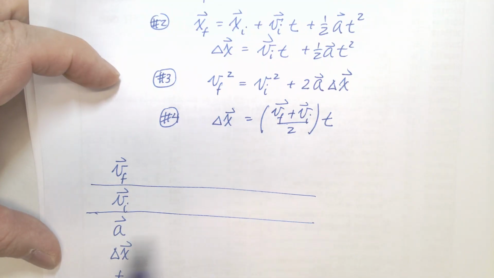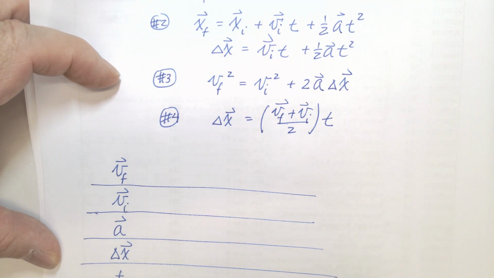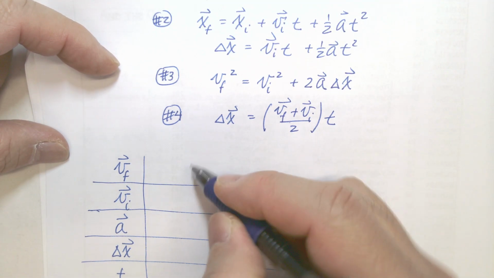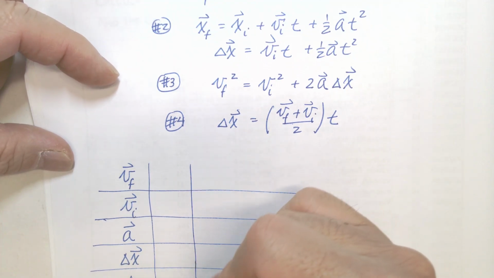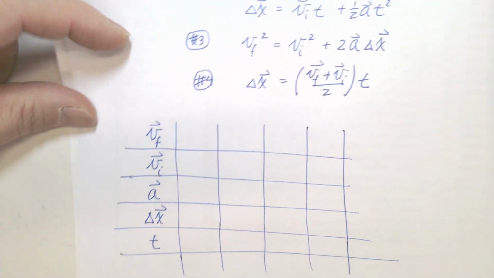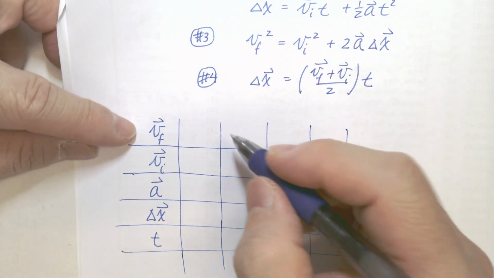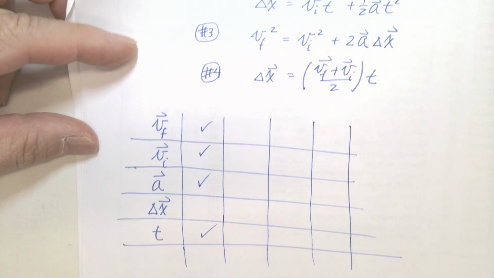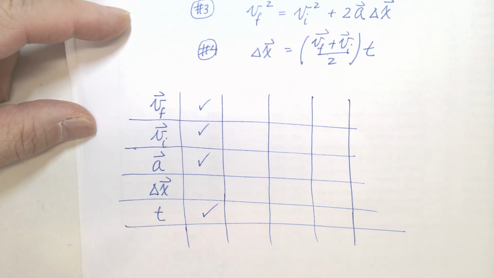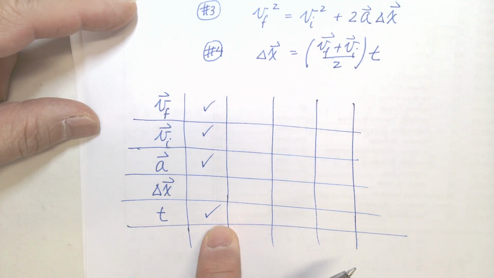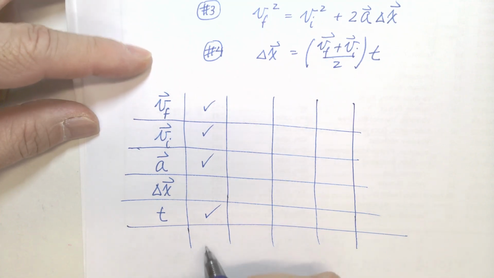Let's say we have this and this, but we have no idea about that. Out of these 5 variables, we're looking for one of them. Then we use equation 1.